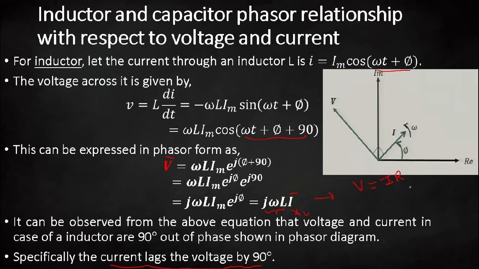Now this XL has the property of resistance, to oppose the flow of current, and that is why the unit of XL is also ohm. So just keep in mind the value of XL is nothing but j omega L. I think it is clear to everybody.